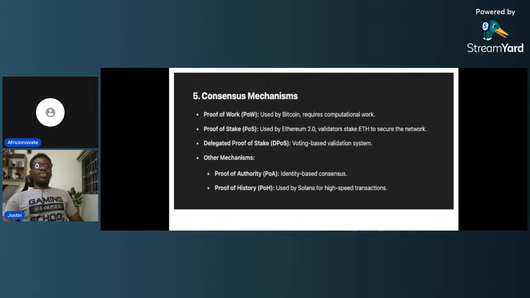Proof of work is when they send a kind of problem, so by the time you solve that problem, you must have validated and confirmed the transaction. In the proof of work mechanism, there is a puzzle a miner needs to solve, and we don't have validators, to add a transaction to the block. So that was the proof of work era.